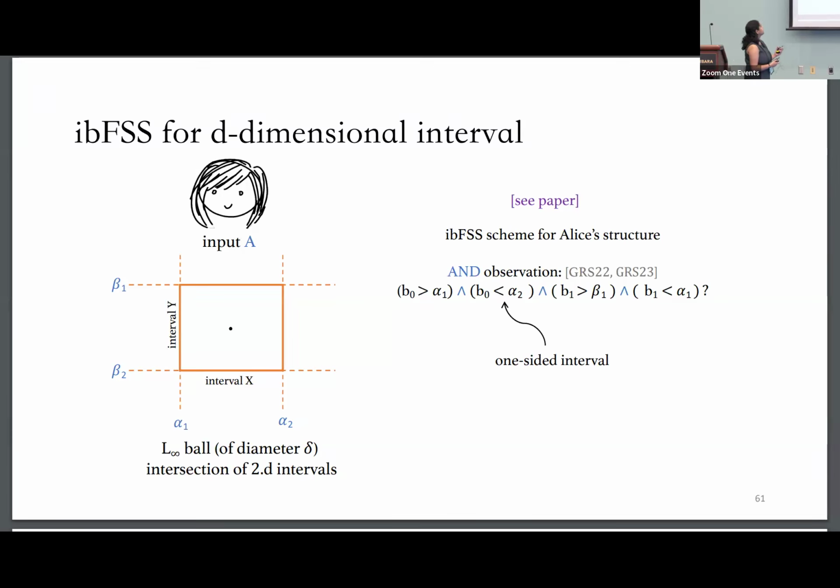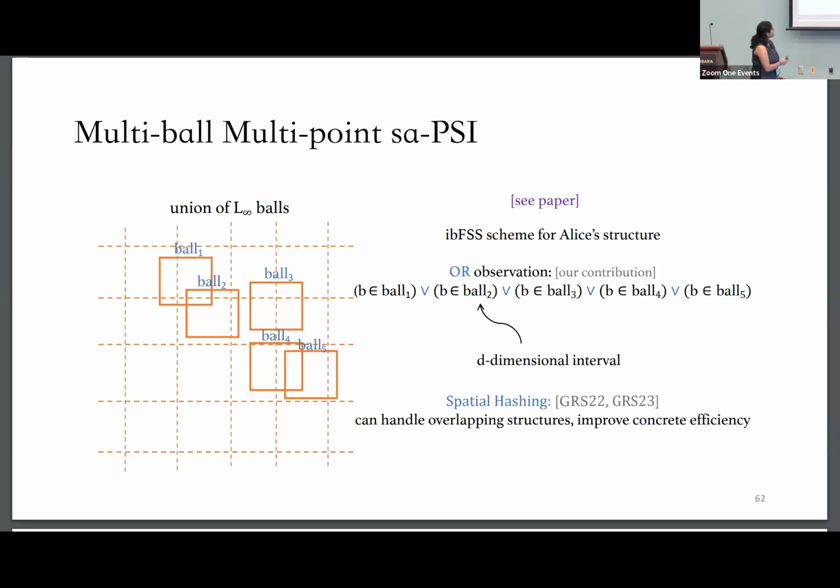So prior work studied d-dimensional intervals, and they showed a nice trick to compose different FSS using this AND composition. And we show that this is also compatible in this new FSS variant. So these tricks can be lifted to our setting as well. And we also consider more complex structures like this union of balls.